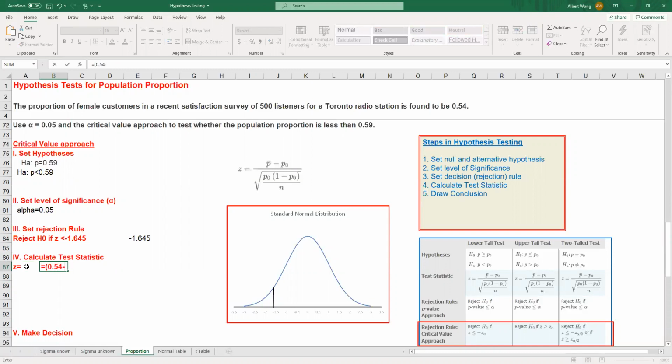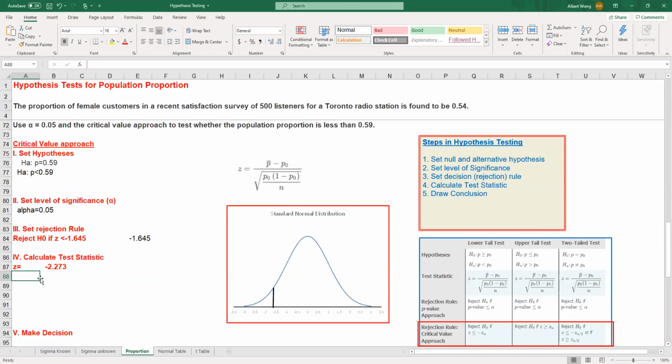The data says 0.54, and what we're trying to test is 0.59, and taking into account the variability, which is the square root of 0.59 times (1 minus 0.59) divided by 500, we get negative 2.273, right? So the common mistake, as I said, is if this is P0, the bottom is also P0, not P bar, okay?